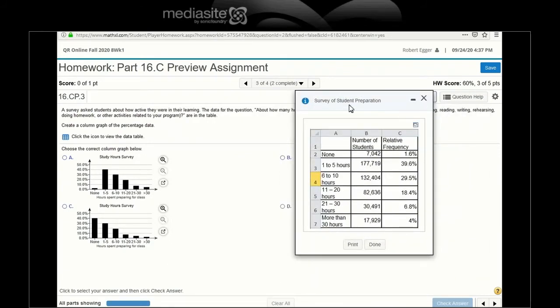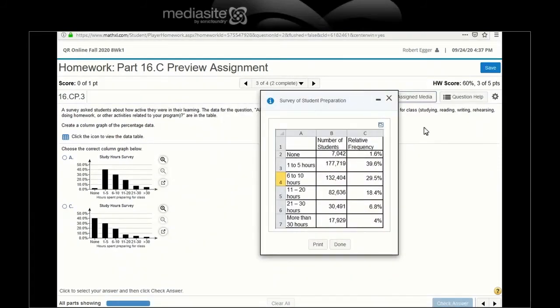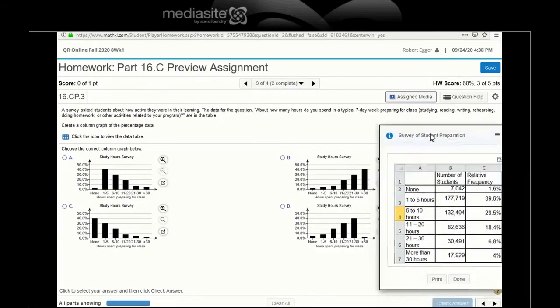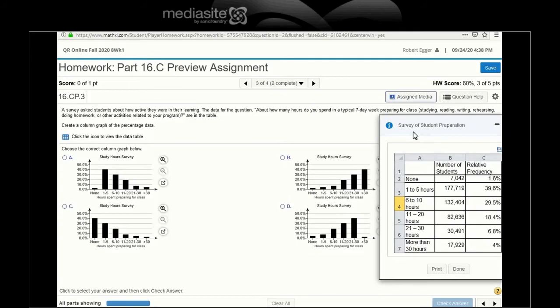The mouse is being weird. Alright, this will work. So let's see, we start real low. So our first one is a really small number, 1.6, for none, so it can't be this one. Okay, the next one jumps up real high, real fast, about 39. So it can't be these two.